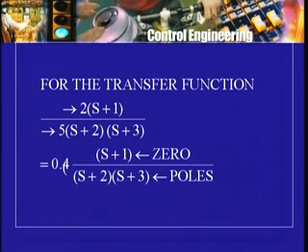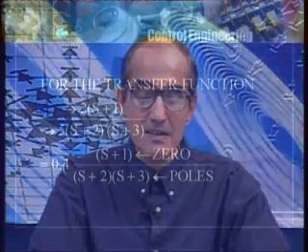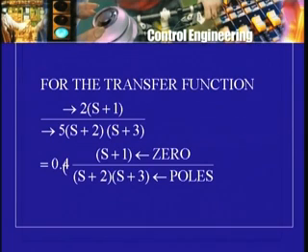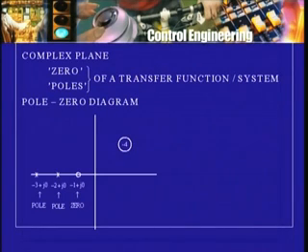So, if I agree that the polynomial will be written in this form, that the numerator factors and denominator factors will be of the type s plus something, where that something could be a positive or negative number, real or complex or imaginary, whatever it is, and this whole thing will be multiplied by a number, then all I have to specify is, in addition to the zeros and the poles, in this case the location of the zero minus 1, the locations of the poles minus 2 and minus 3, I have to specify also this multiplying coefficient 0.4, and I can put it down as a number on the pole zero diagram somewhere.